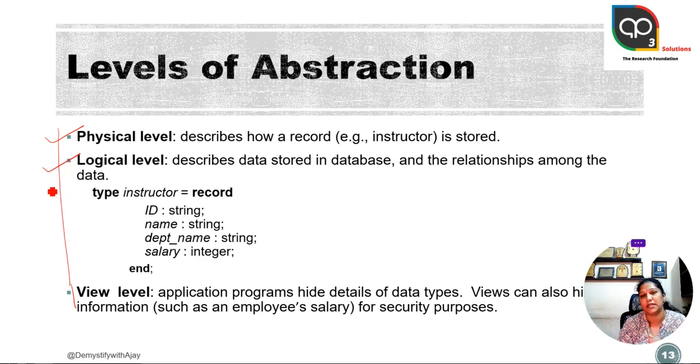The logical level describes what data is stored and what relationships exist. For example, an instructor has an ID, a name, a department, and a salary. The view level is what the user sees. A finance manager might only see names and salaries, while a course scheduler might only see IDs and departments.